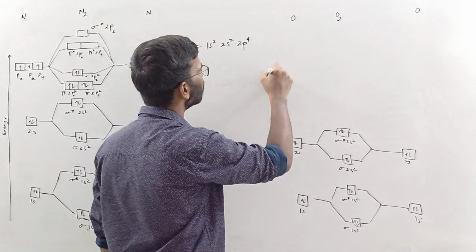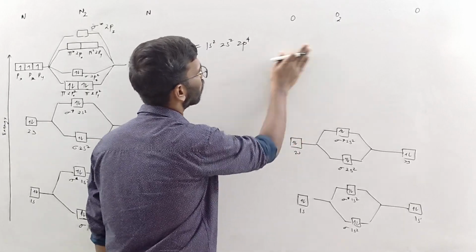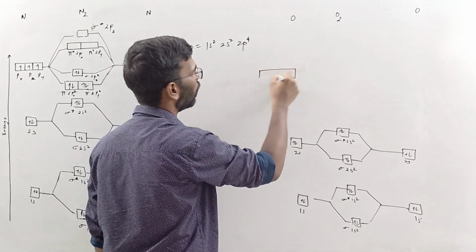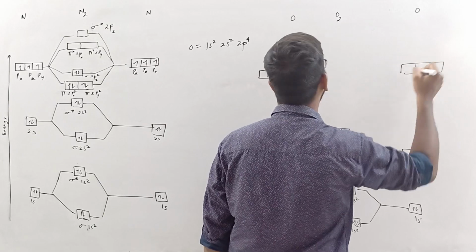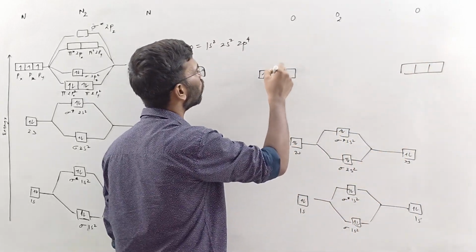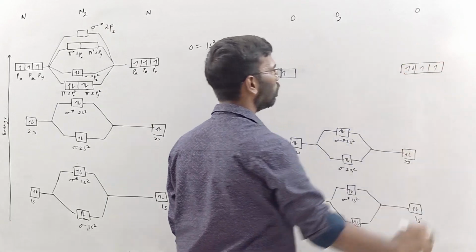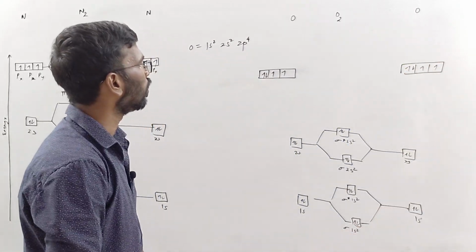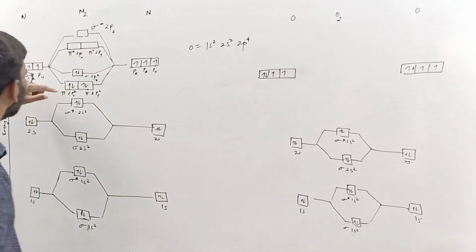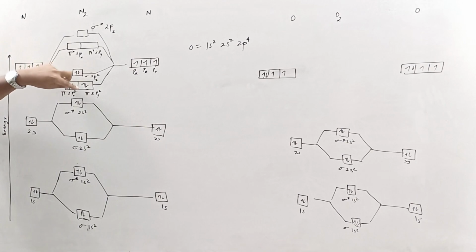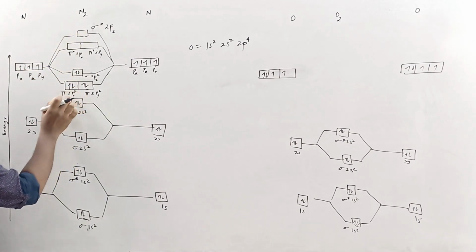Now the p orbital. Again p has 3 orientations, 1 2 3. There are 4 electrons, 1 2 3 4, 1 2 3 4, right? Over here, in the diagram I have shown, there are 2 orbitals, 2 1 2, and 2 means 2 orientations, that is x and y.